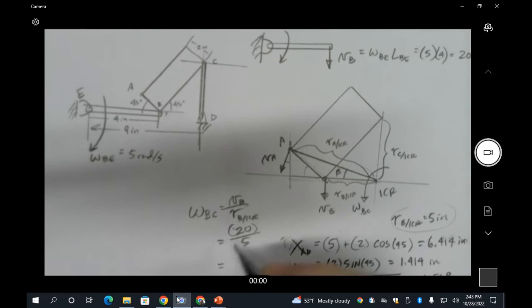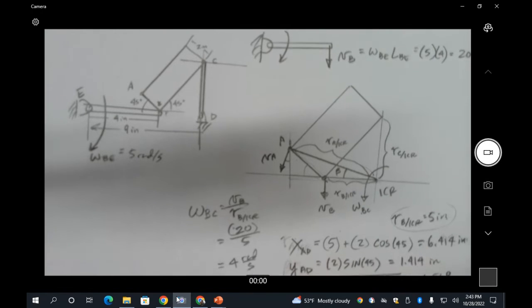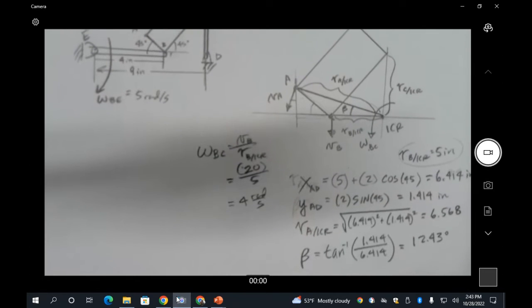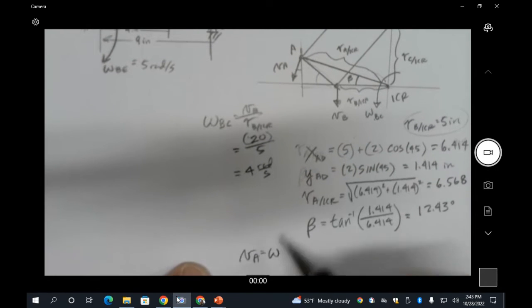Okay, that makes sense. All right, so it ends up being 4 radians per second. So using it down here, we wanted to go omega BC times R A with respect to ICR, of 4 times our 6.568.